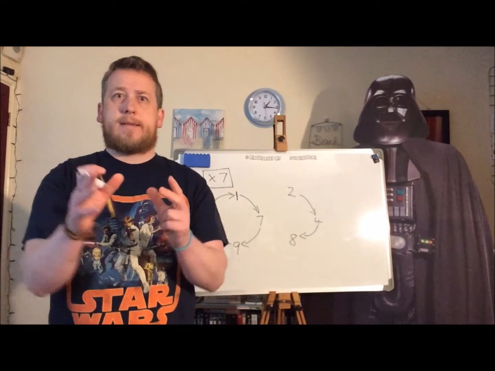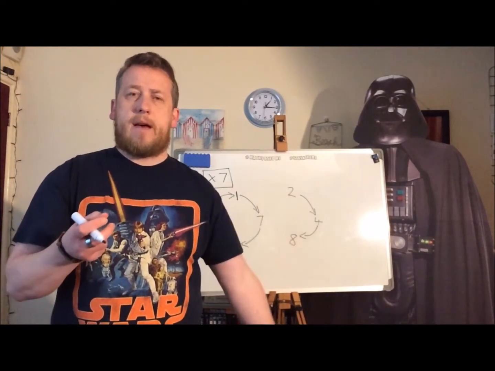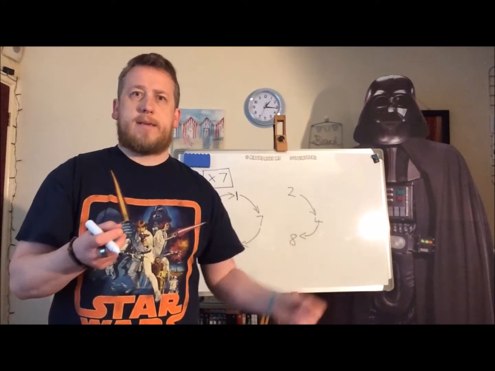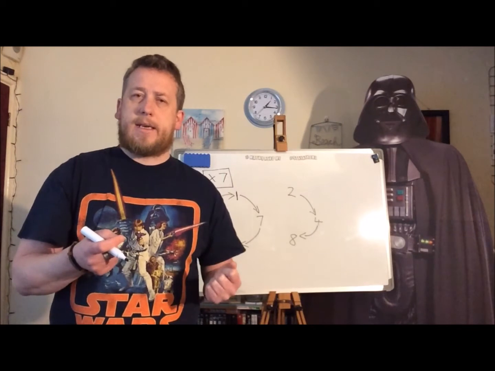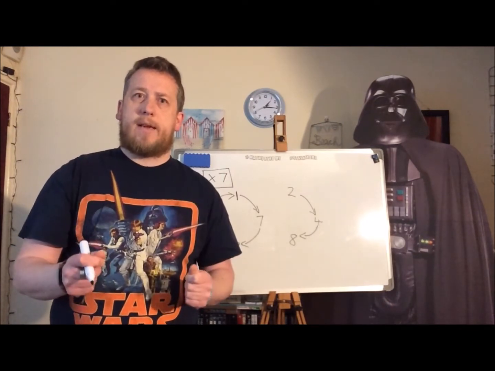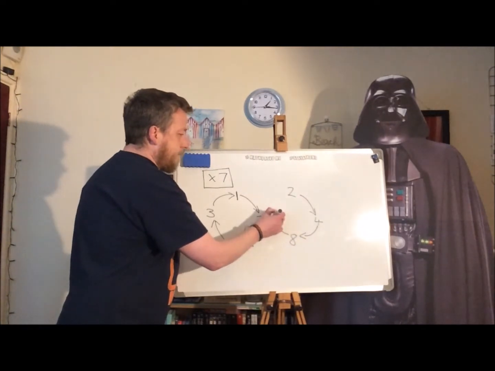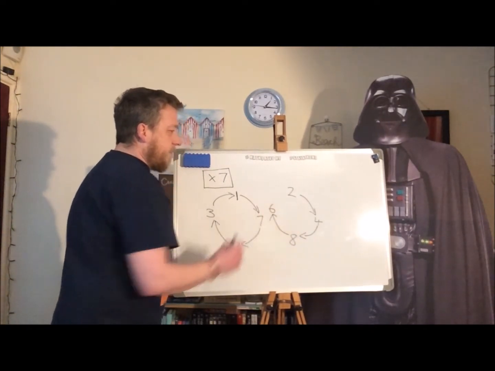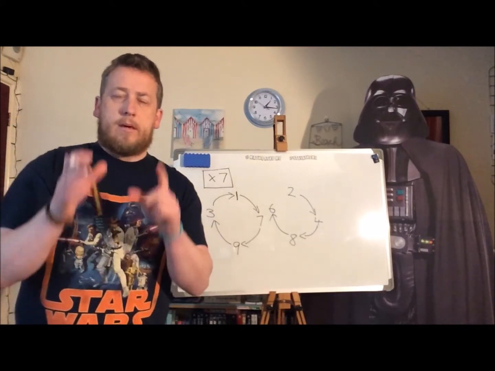Okay, so now let's consider a number ending in 8. Let's take 8 and multiply it by 7. 8 times 7 is 56. What does 56 end with? It ends with a 6. So now we've got the number 6. Let's see if we're ready to close our loop.